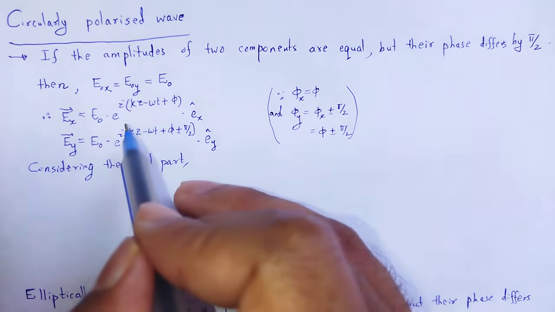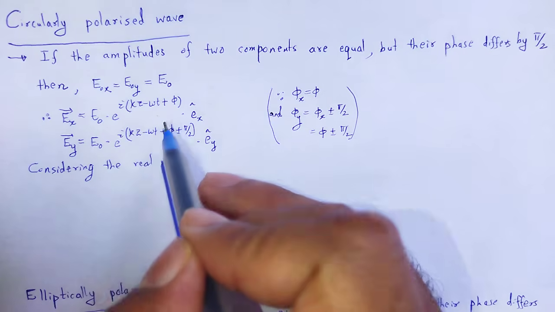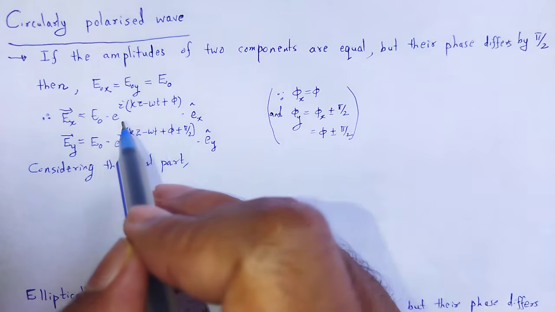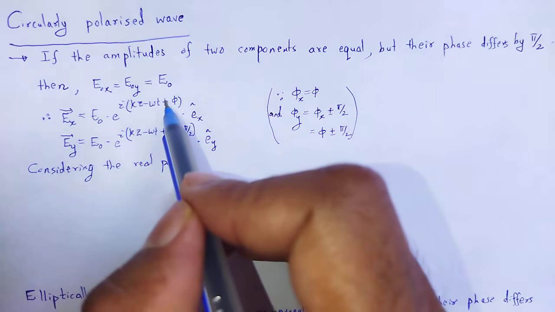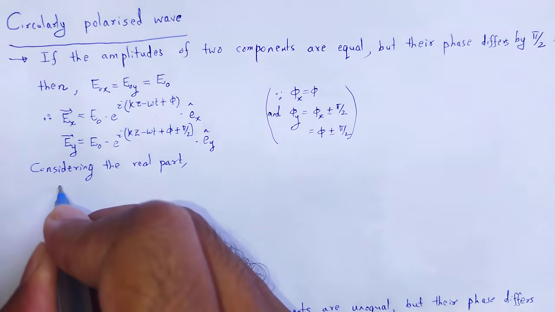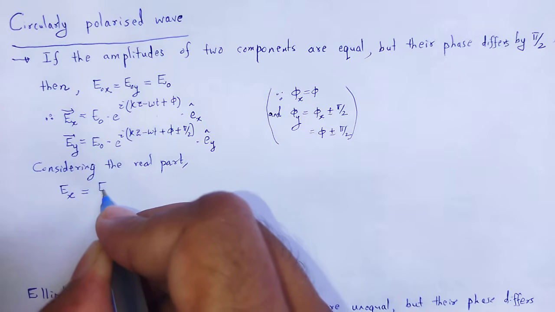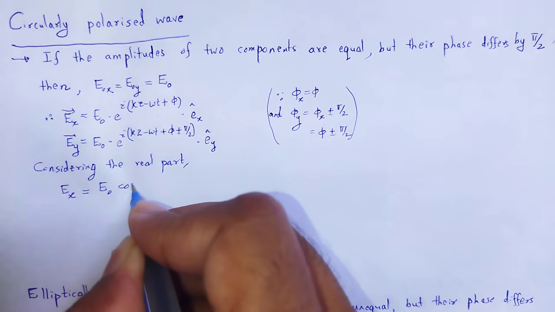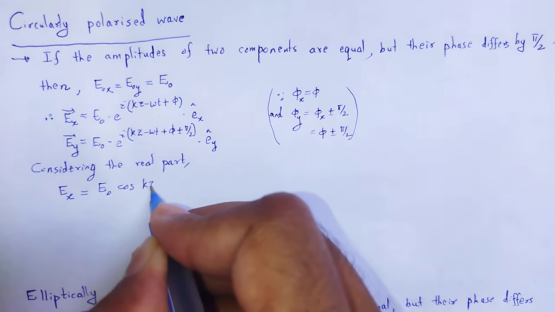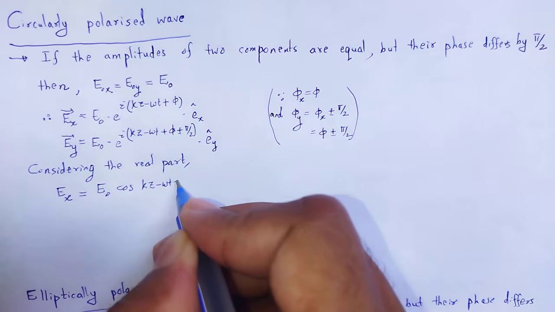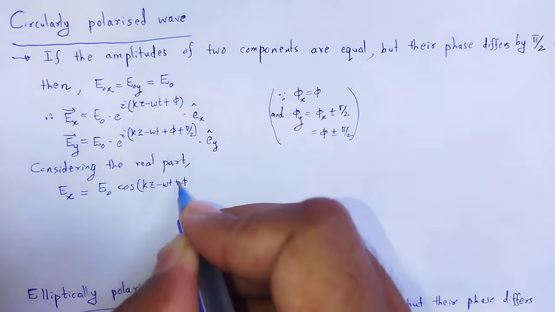As we are considering the real part, the exponential factor is taken as cosine. So, E x is equal to E o cos (k z minus omega t plus phi).